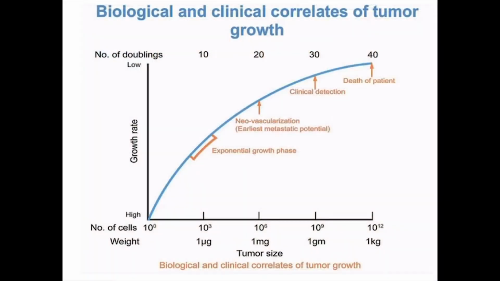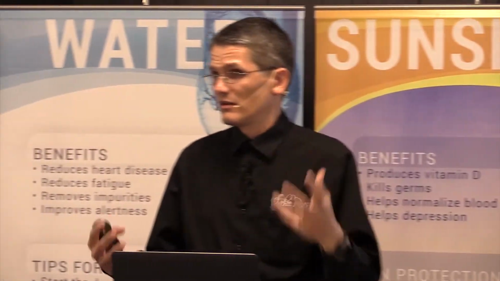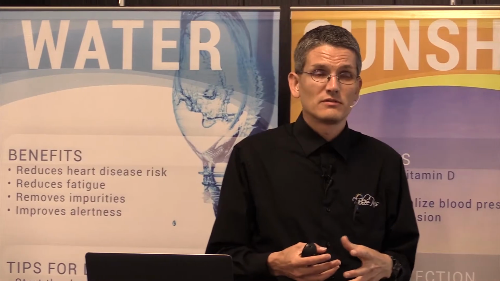And then you get to 1,000,000,000 cells, right? And it's not until you get to 1,000,000,000 cells that you're really at the area where we can pick it up. Before 1,000,000,000 cells, you can't tell on scans and images and other types of tests whether you have the cancer or whether you don't.